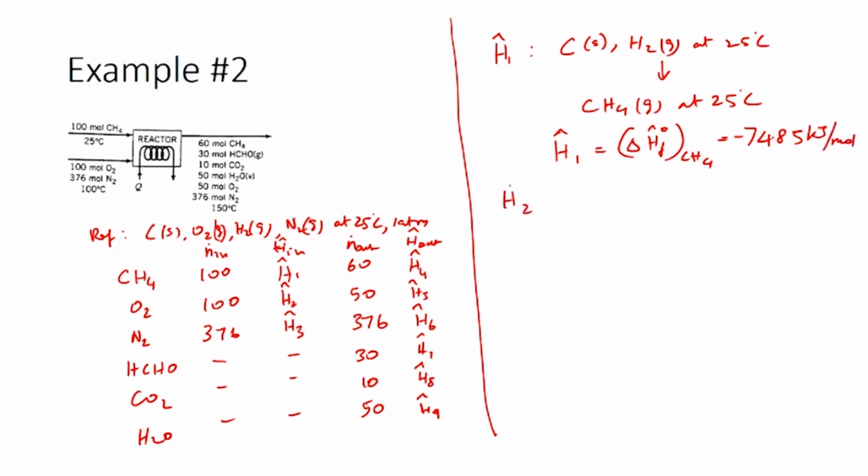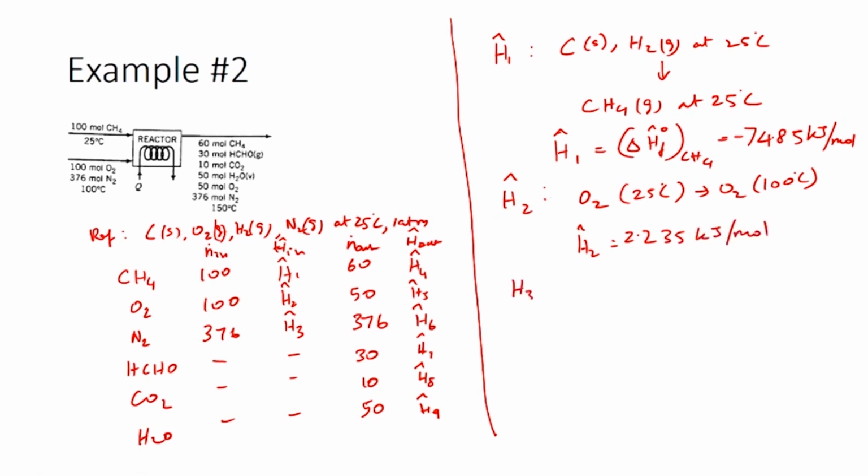Now, for H2 cap. H2 cap is nothing but oxygen being heated from 25 degrees Celsius to 100 degrees Celsius. This value you can get from the combustion gases table. So, this H2 cap would be equal to 2.235 kilojoules per mole.